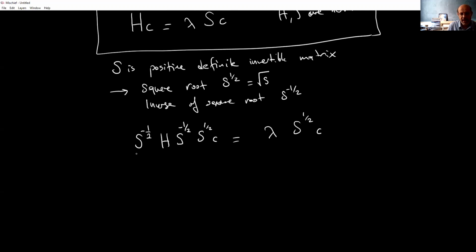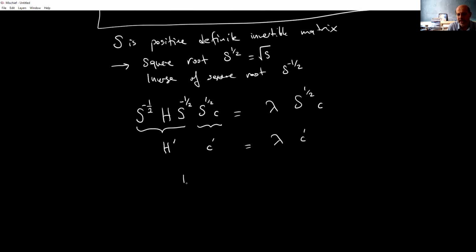And then I call this matrix H prime. I call this matrix C prime, in which case I get the ordinary eigenvalue equation in here: H prime C prime is equal to lambda C prime. Here H prime is this matrix.